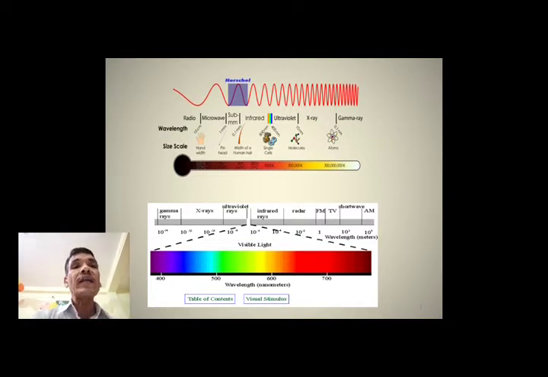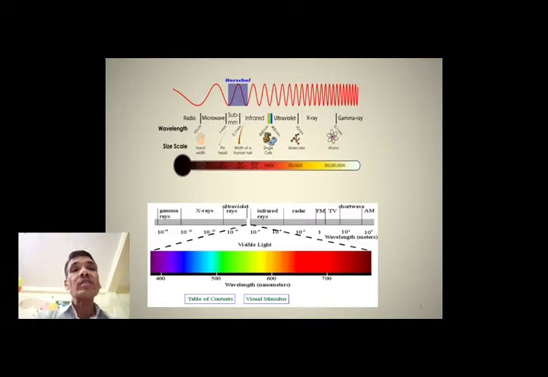Electromagnetic radiation consists of gamma rays, X-rays, ultraviolet radiations, visible radiations, infrared region, microwave radiations and radio wave radiations.